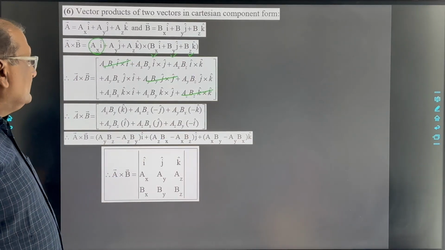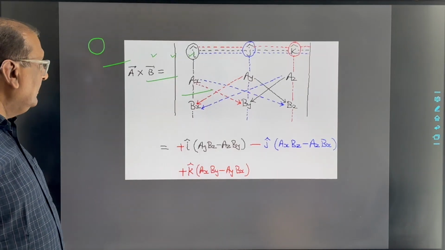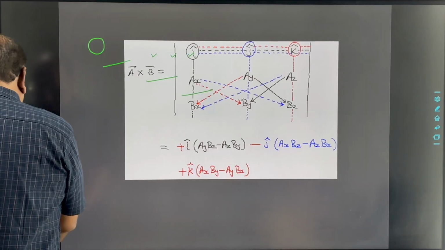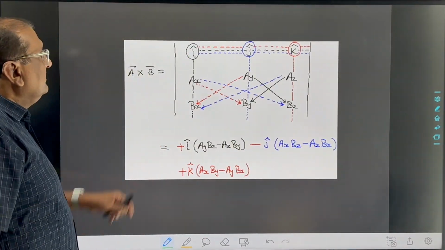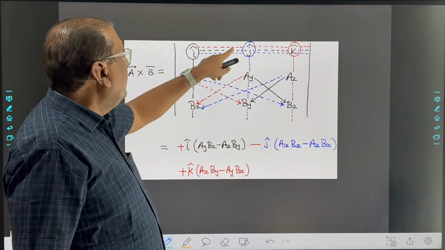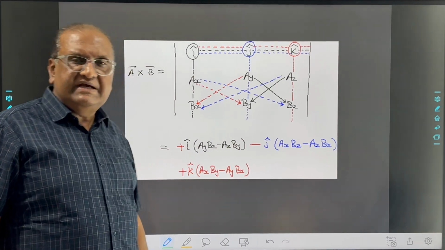Now let's understand how to solve this particular determinant. See, this one is our determinant: i, j, k; Ax, Ay, Az; Bx, By, Bz.